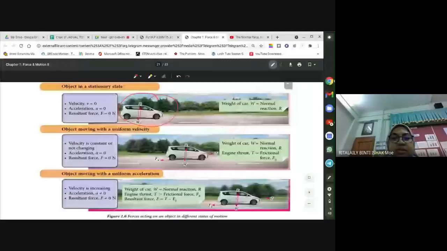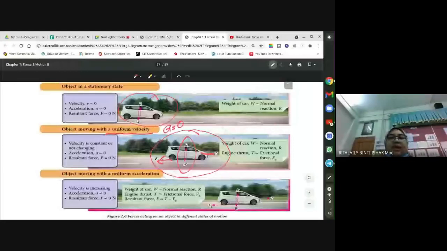And in this one, the object is moving in uniform velocity. So the upward and downward forces are equal, and the horizontal forces, in opposite directions, must also be equal. The clue is it's moving in uniform velocity. With uniform velocity, acceleration is 0.